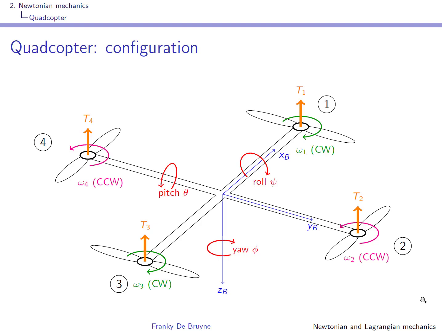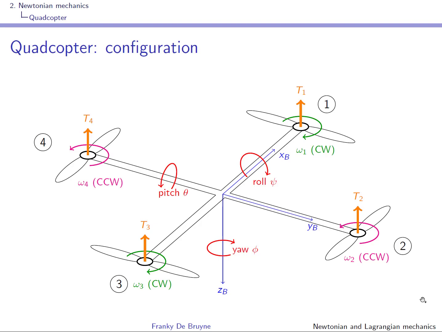The next one is pitch. Again, if you take your right hand and you have your thumb going into the YB direction, the natural curl of the fingers suggests a positive pitch as indicated on this slide. And how can you have a positive pitch? Well, you have to make sure that rotor 1 is spinning faster than rotor 3. And then the last variable is the roll, psi.